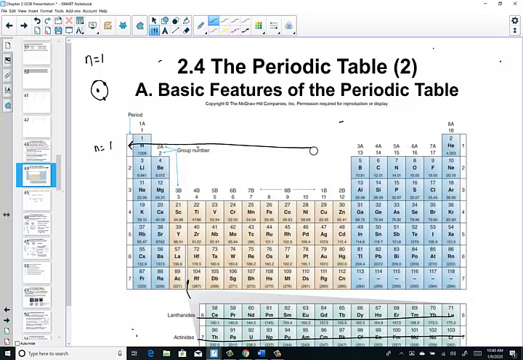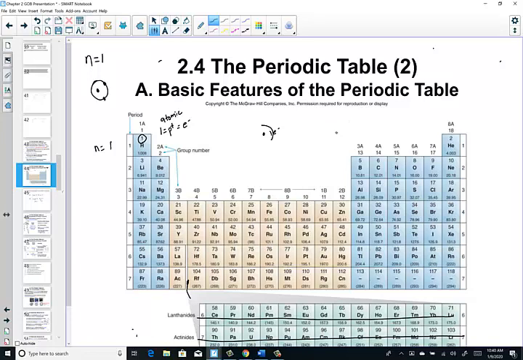Hydrogen has 1 electron. Its atomic number is 1, telling me that there's 1 positive proton. By definition, the atomic number tells me the number of protons. And because atoms are neutral, it also tells me the number of electrons. Hydrogen would be a single proton in the nucleus with 1 electron outside. That's its rough model.